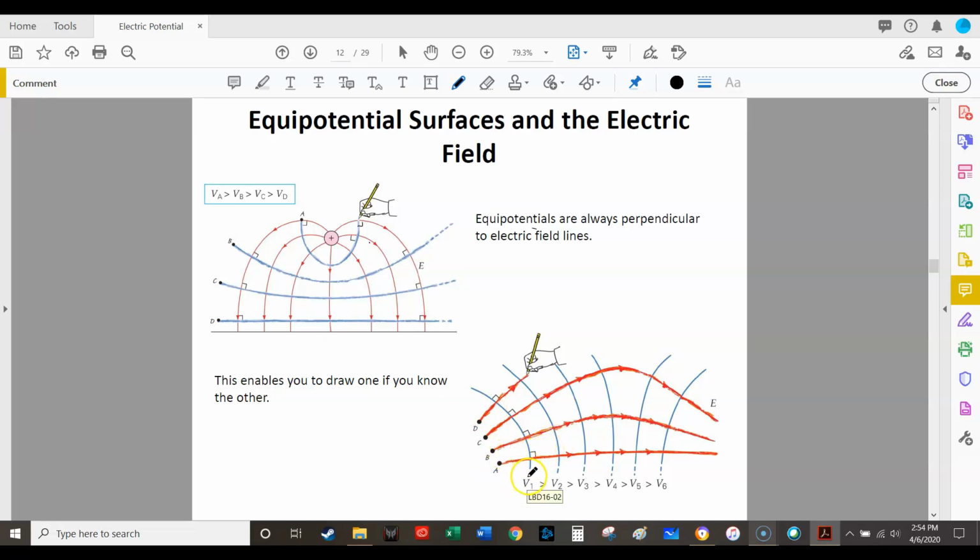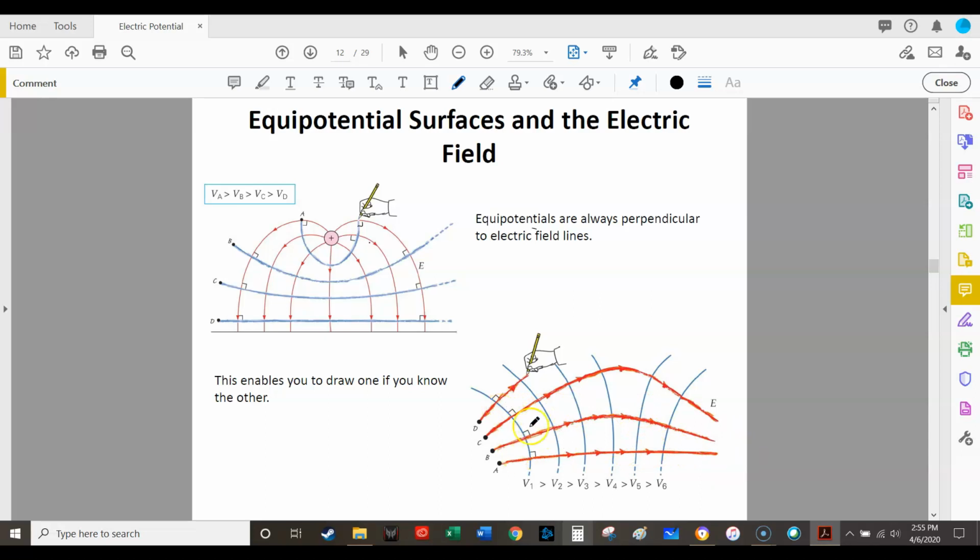And so this voltage is going to be higher up. Since the electric field lines are leaving this area, we know there's a positive charge here, because the electric field line is pointed away from a positive charge. And so that means this voltage, which is a height, is going to be higher up, and then it gets a little bit lower and a little bit lower and a little bit lower. There must be another object here, probably a negative charge, that is causing the lines to go into it and bend back into it.